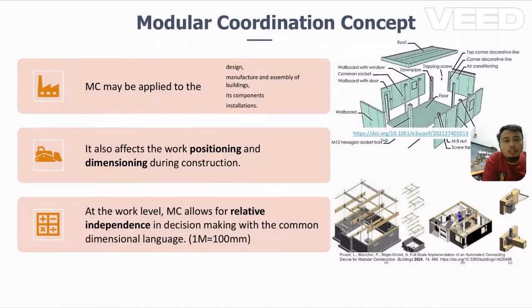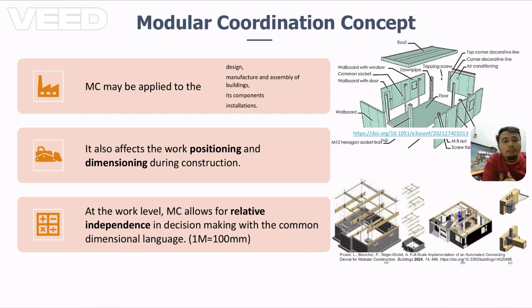So MC, modular coordination, is not just a design tool. It's a concept that applies across the entire building process, from the designer designing the components, to the manufacturer of the components, the supplier of the components, and then to the assembler. MC influences how we position and size, and specify the dimension of the component.